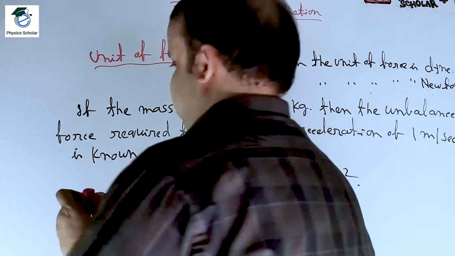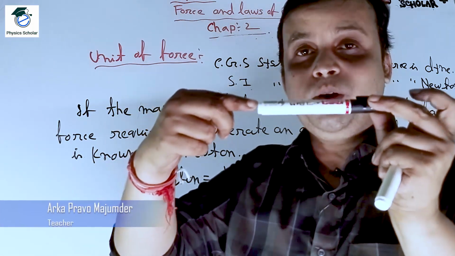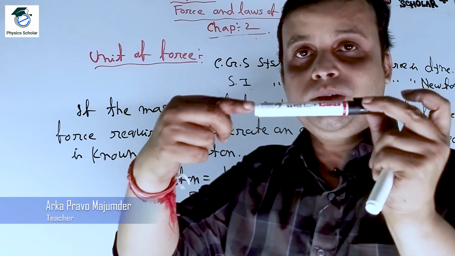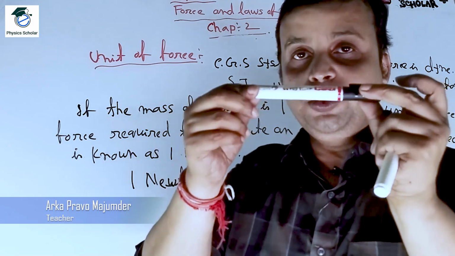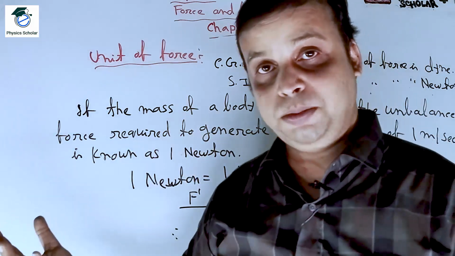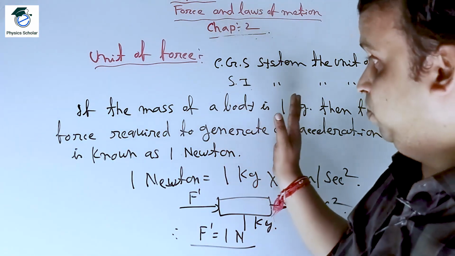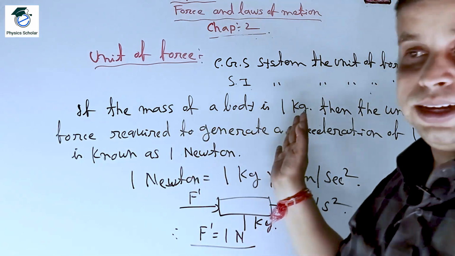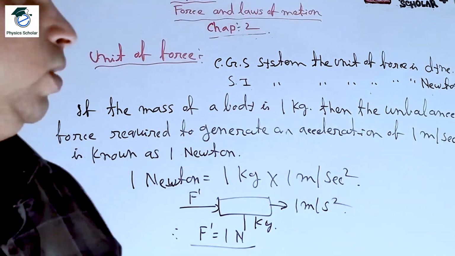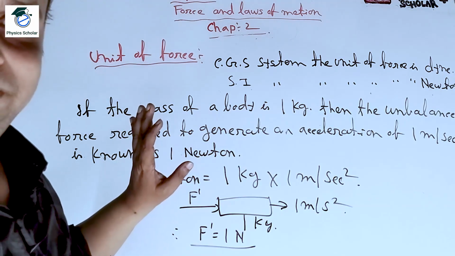That means if the mass of the body is 1 kilogram and the unbalanced force applied on it produces an acceleration of 1 meter per second square, then that force is known as 1 Newton. Hope students you have understood up to this. Now let us move to the relation between the dyne and Newton.